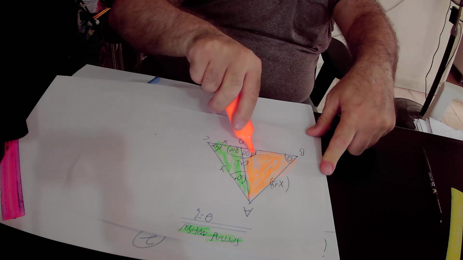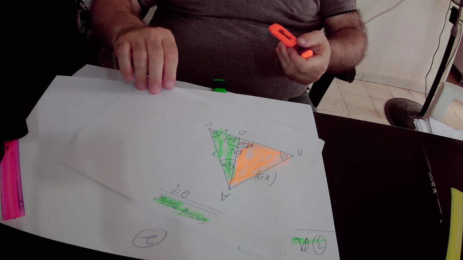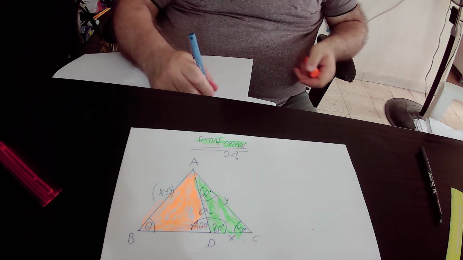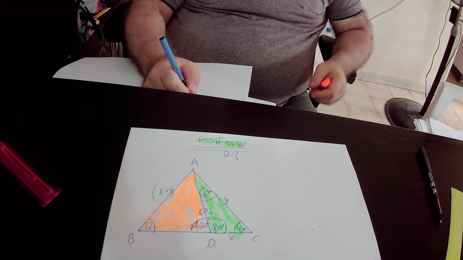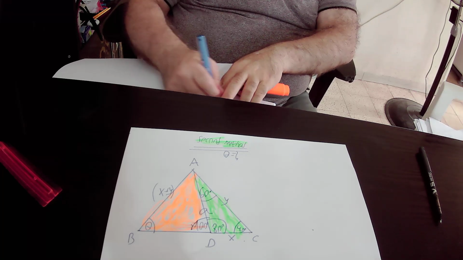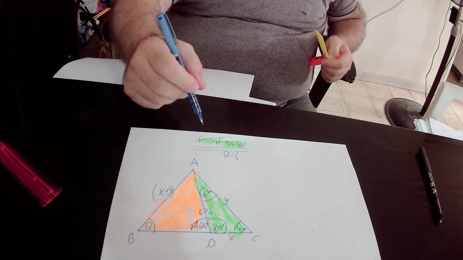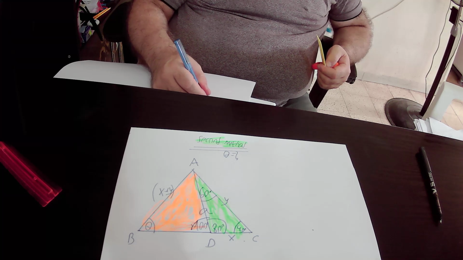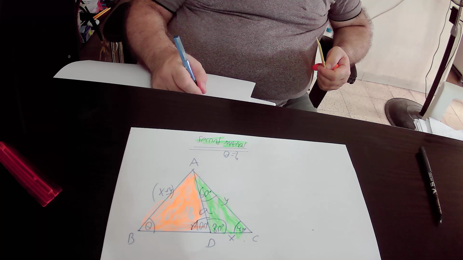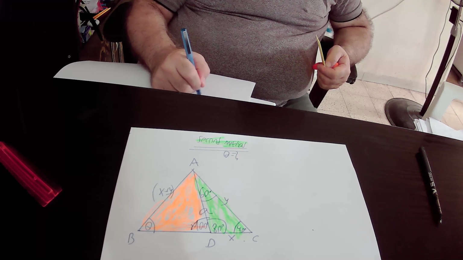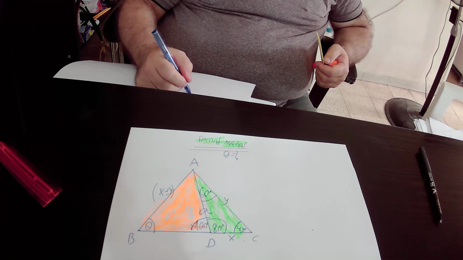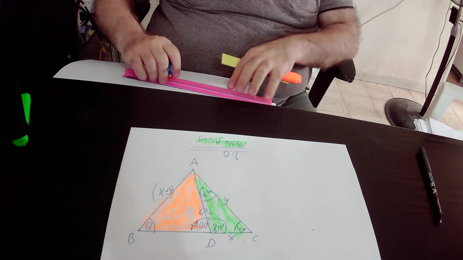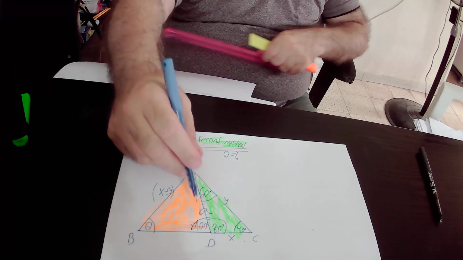According to the law of sines, in the orange triangle ABD, we will get that AD over sine theta equals AB over sine 100 degrees.